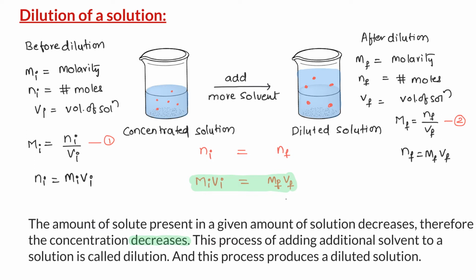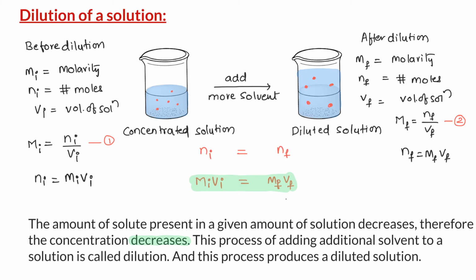That is, the product of molarity and volume before dilution in the initial state is equal to the product of molarity and volume after dilution in the final state. This is the formula we use to do calculations based on dilutions.